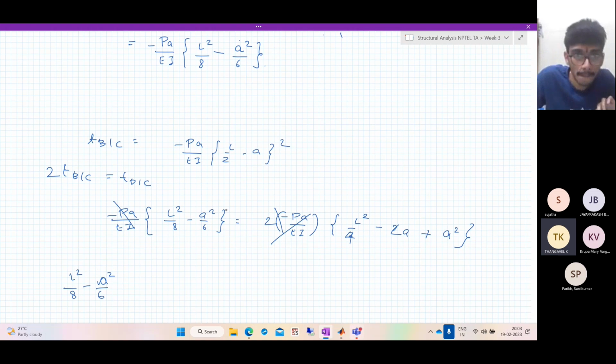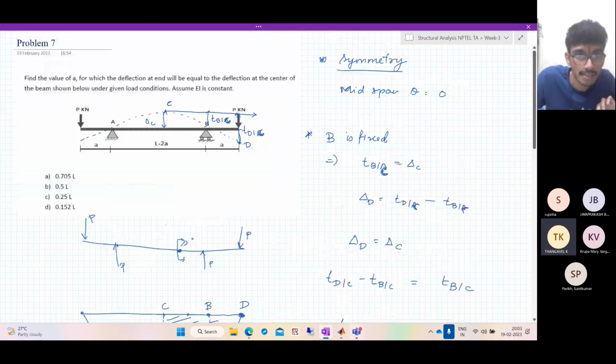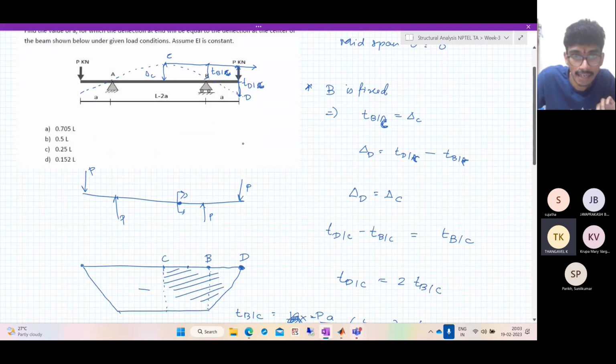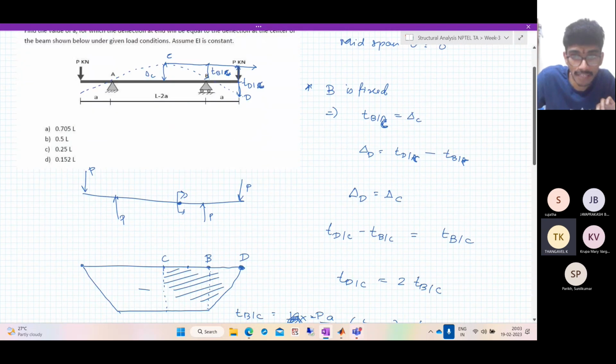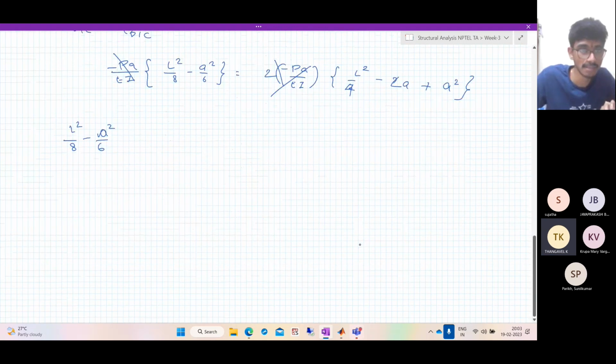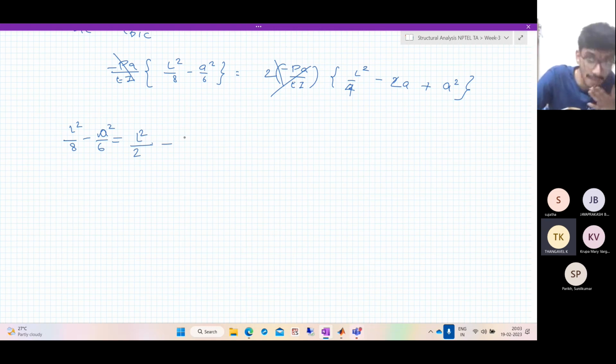Just a minute. TD with respect to C is negative. So delta D is, we need to compare only the magnitudes, right? Yeah, it's correct. So we get L square by 8 minus A square by 6 is equal to L square by 2 minus 2LA plus 2A square.